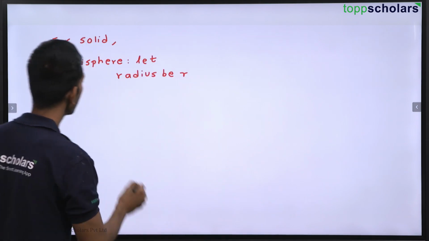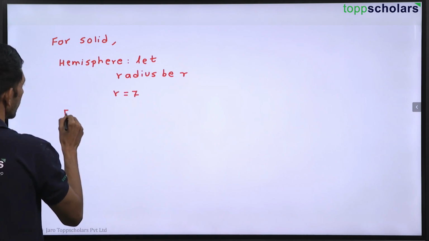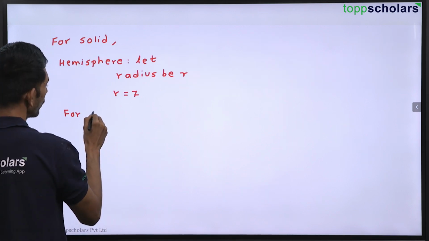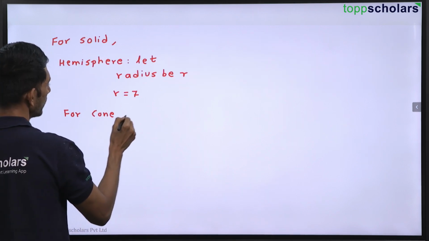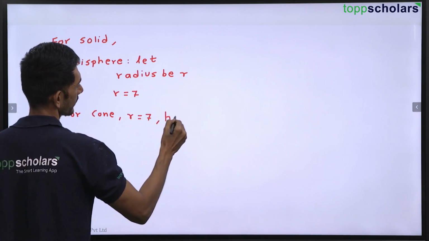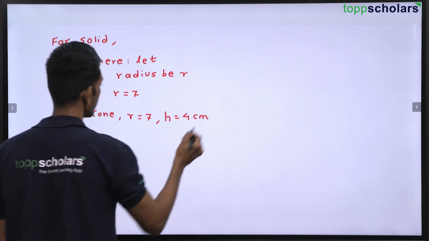So radius is already given, r is equal to 7, and in this solid for cone, radius is 7 and the height is 4 centimeter, right?